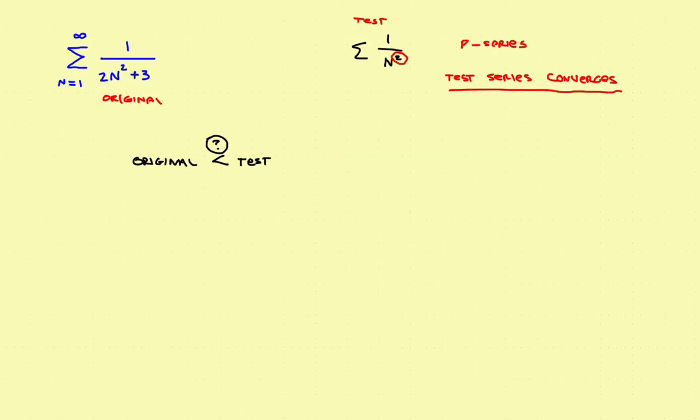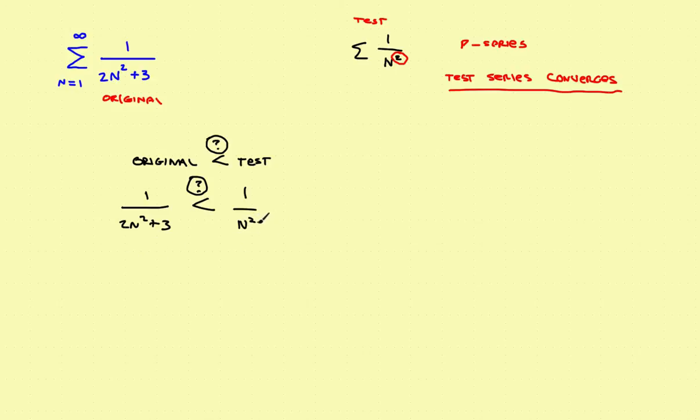Otherwise, the test would fail. So again, put the original series here. This is going to be 1 divided by 2n squared plus 3. And I'll put a little question mark here again, I'm hoping that that's less than the test series, which is 1 over n squared.